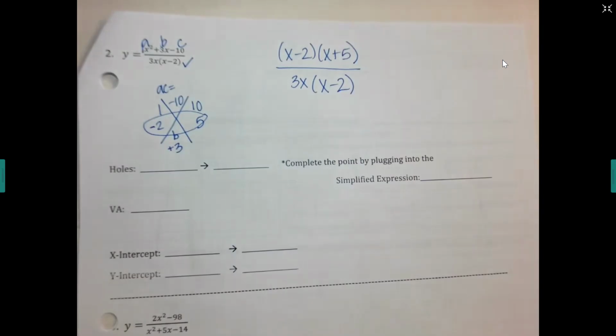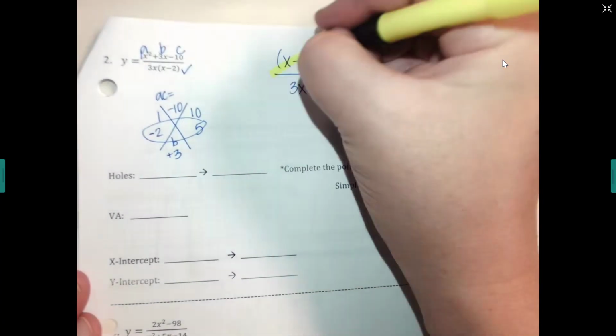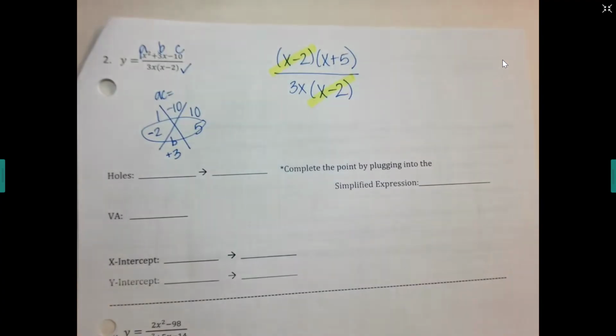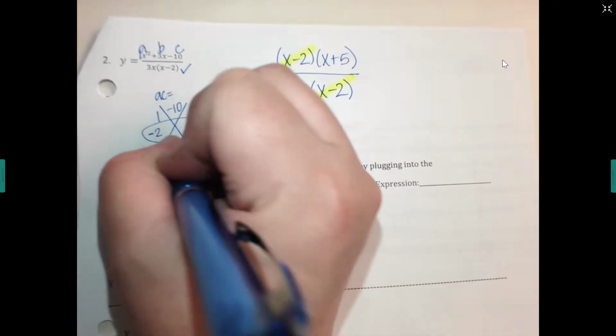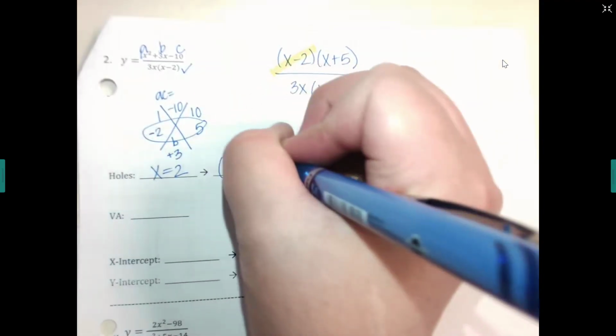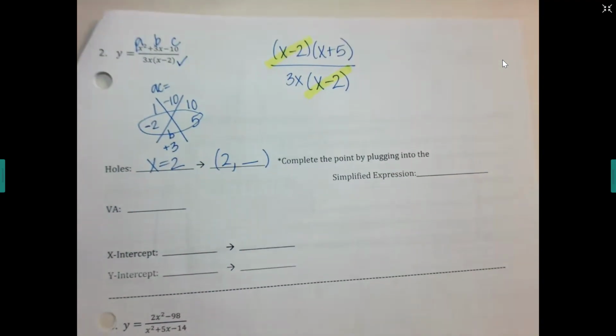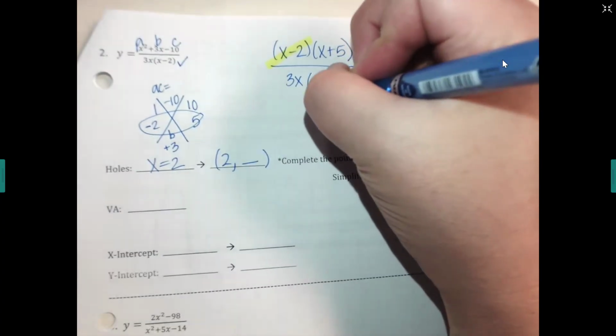So what's going to cross out because it's repeated top and bottom? If -2's cross out, the hole is at +2. Very good. So x equals 2 or 2 comma something. And then remember, I'm going to use the calculator to find the y value that goes with that. Okay, so that's the hole.